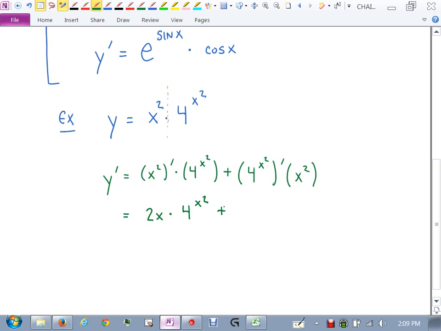Anytime the base is not e, it's always going to spit out that little natural log a thing. So the derivative of 4 to the x squared is itself times natural log, in this case, 4, times 2x. Where did that 2x come from? The derivative of what was up here, because that was chain rule. And then what do we still have out there? x squared.